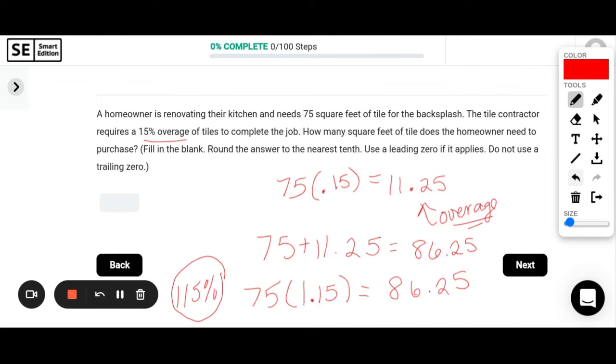Now, if we go back to the instructions, I need to round to the nearest tenth. So I need to decide, is this 2 going to stay a 2, or should I bump it up to a 3 when I round? Remember, 5 or more, let it soar. 4 or less, let it rest. We've got a 5, so we are going to change this to a 3, and our final answer will be 86 3/10.